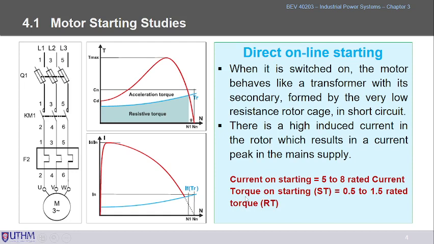At the same time, the starting torque also is quite low, from 0.5 to 1.5. That means we cannot expect a high starting torque by using the DOL, because the starting torque is only 0.5 to 1.5 times the rated torque. RT is the rated torque.